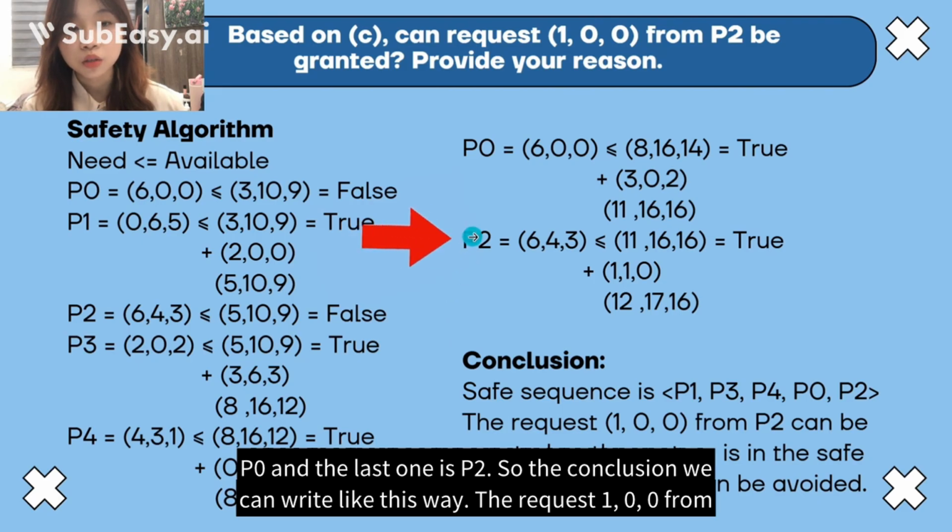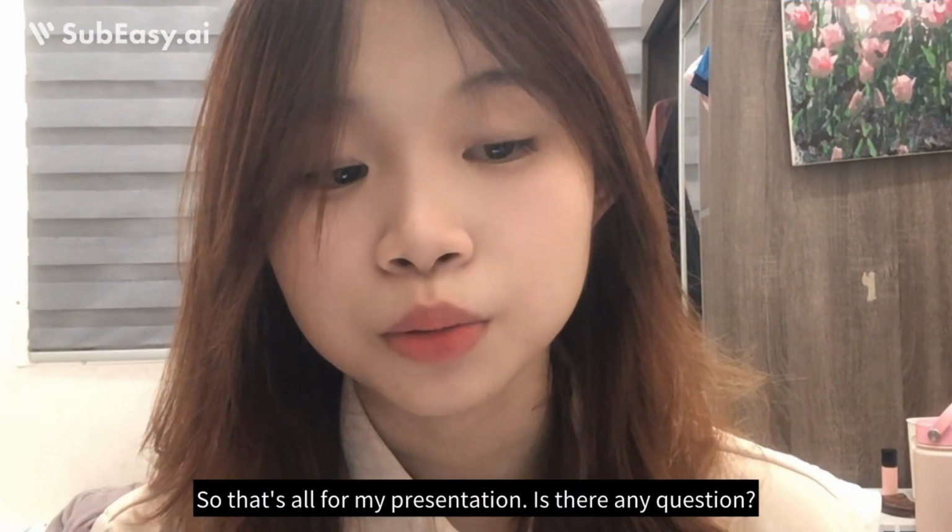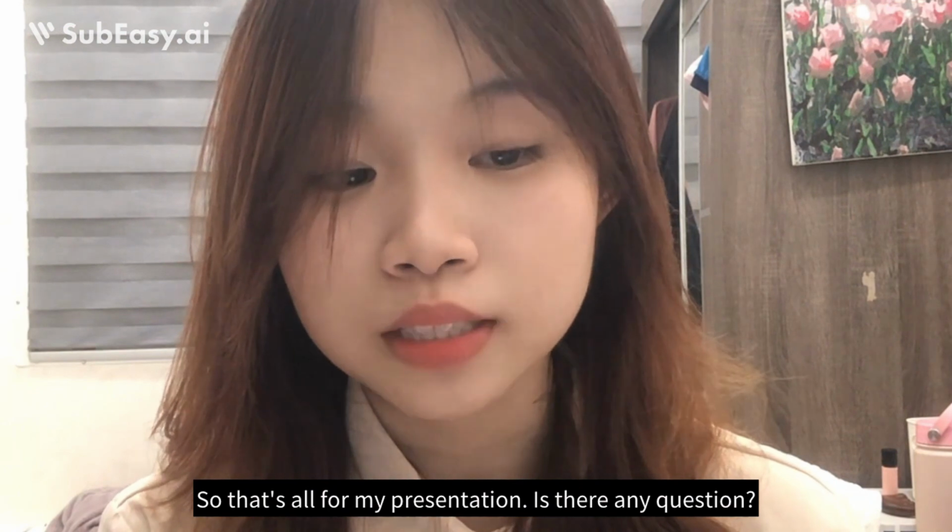So the conclusion we can write this way: the request of 1 0 0 from P2 can be granted as the system is in the safe state and deadlock can be avoided. So that's all for my presentation.